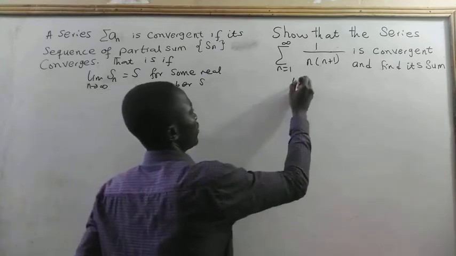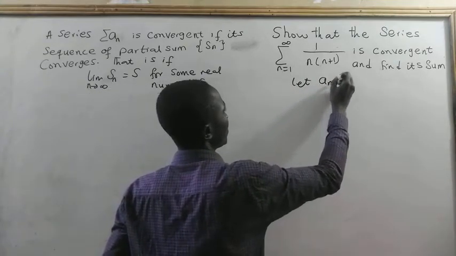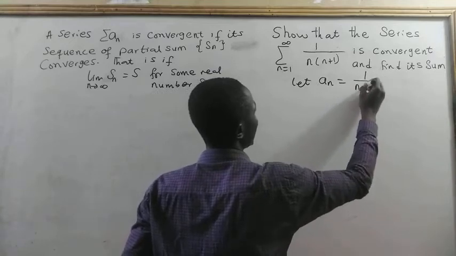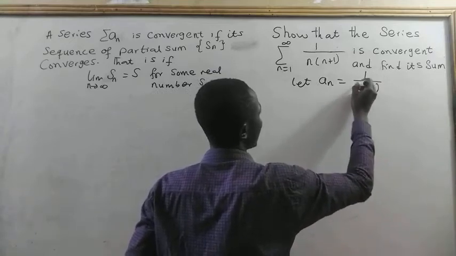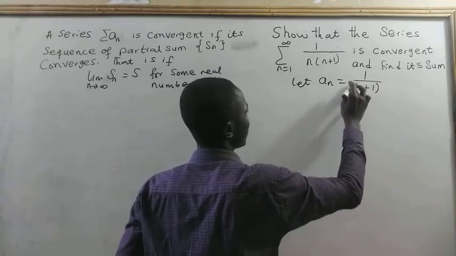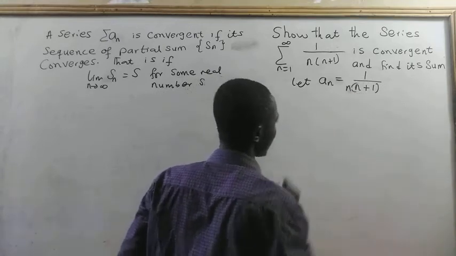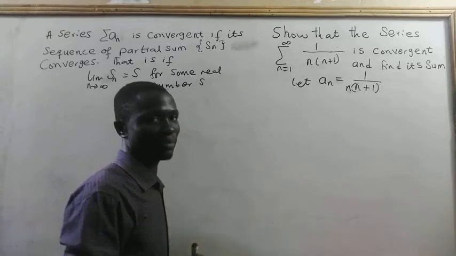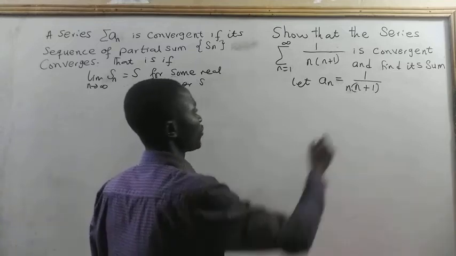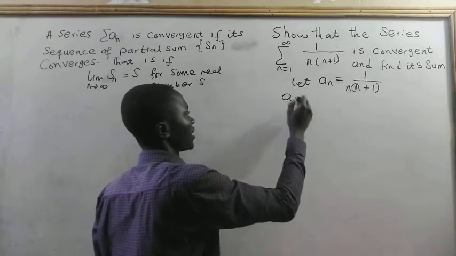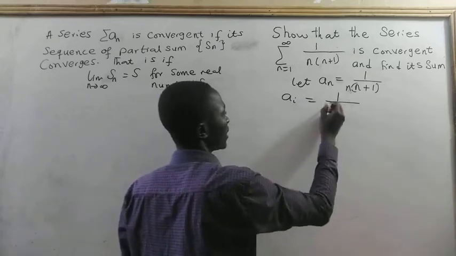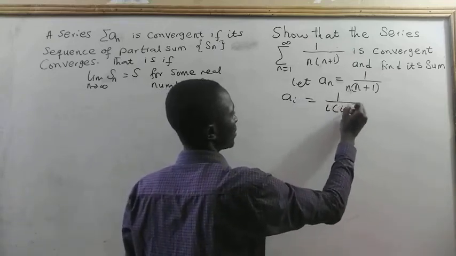Now, if we let a sub n equal 1 divided by n times n plus 1, then let's find its partial sum. For the partial sum, let's say that you have a sub i equals 1 divided by i times i plus 1.